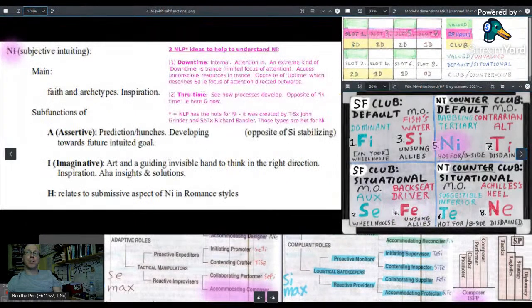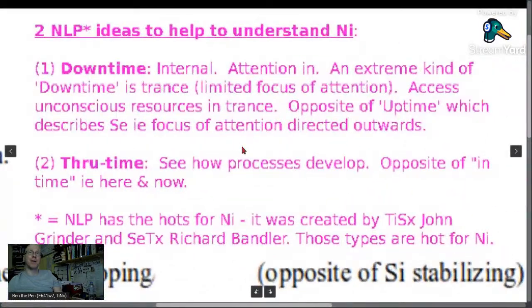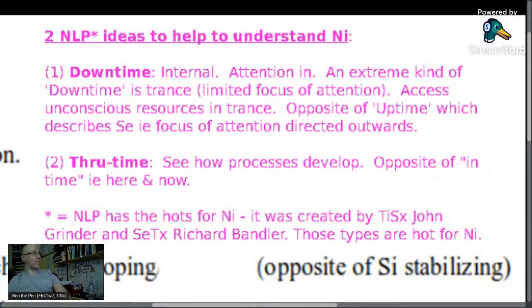This interests me. Frequently, you can get ISFPs with some wicked strong Ni, to such an extent. This is what frequently happens.